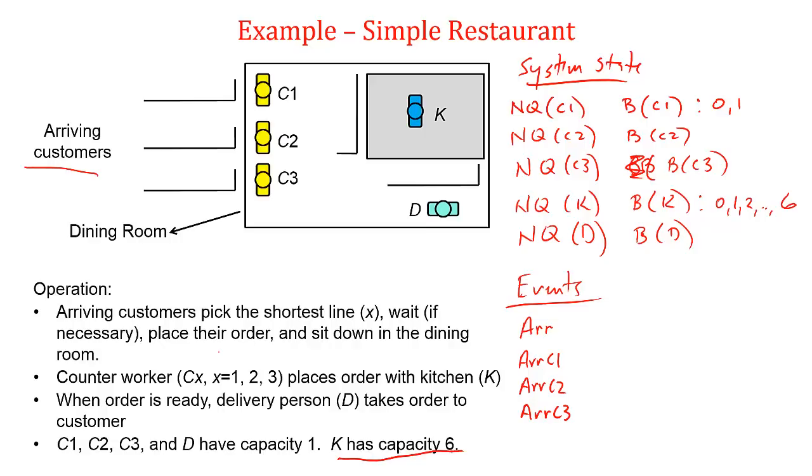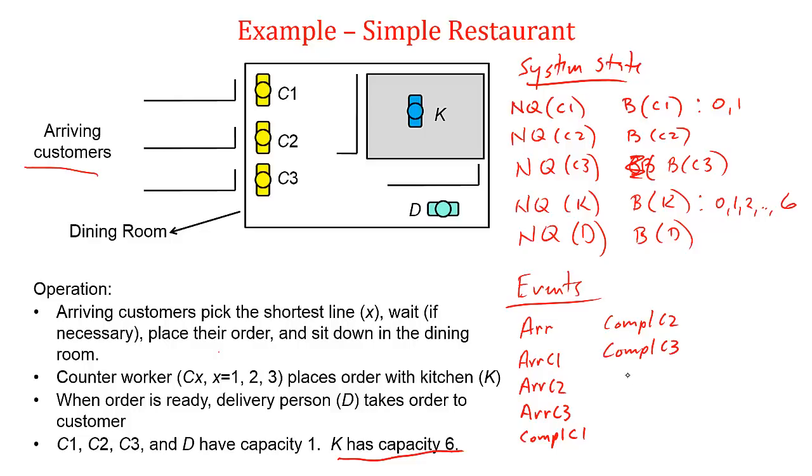Then we're going to have a completion on the cashier. We're going to call this completion C1, we'll have a completion C2, a completion C3. Now, when the customer leaves the cashier, they immediately go to the kitchen. I'm not going to code an arrival to the kitchen, and again, we'll talk about that in a little bit.